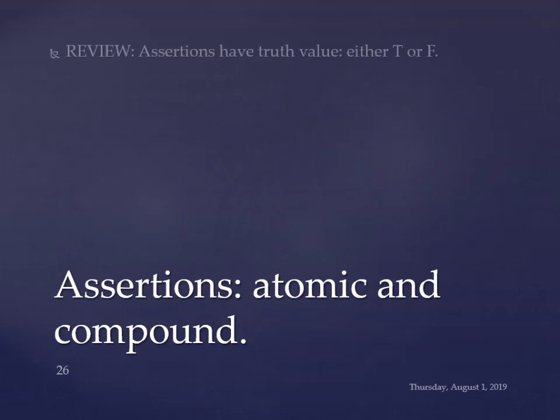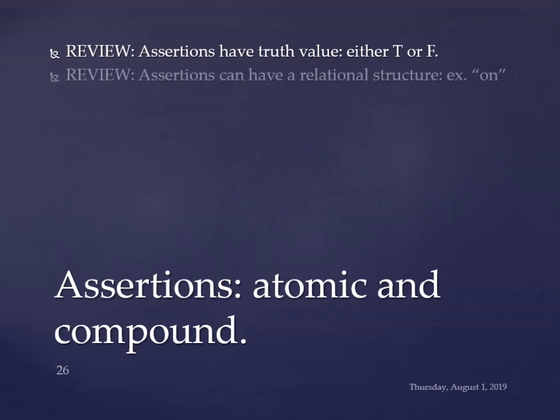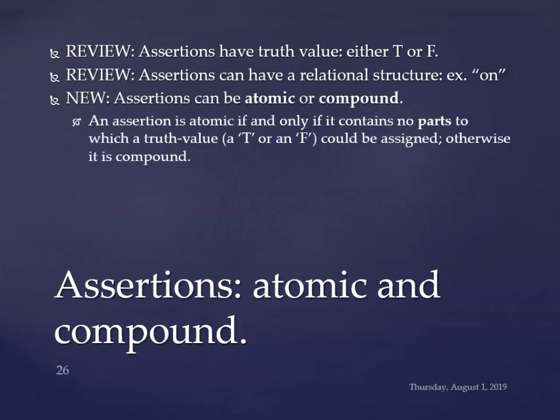Assertions can be atomic and compound. So by way of review, we said that assertions have truth value. They can either be true or false. We also talked about the relational structure of some assertions. And so here's some new information. Assertions can be atomic or compound. An assertion is atomic if and only if it contains no parts to which a truth value could be assigned.